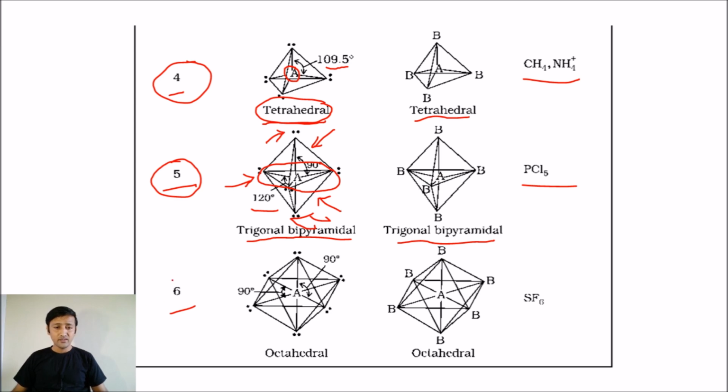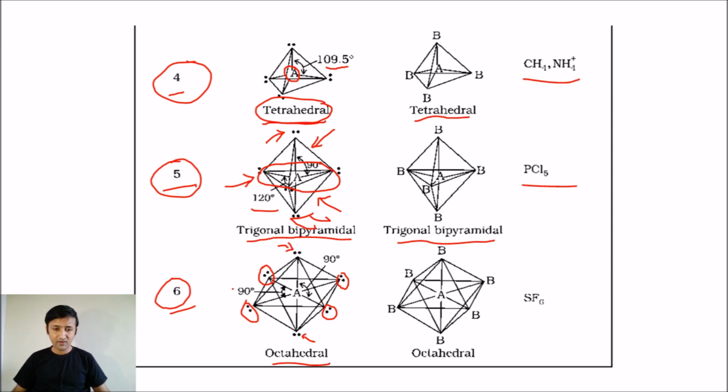Right, the last one is with 6 electron pairs. If you're having 6 electron pairs around any central atom, the arrangement of electron pairs should be octahedral. You can see here, right? Again, these 4 electron pairs are in one plane, and you can take these 2 now above the plane, and this you can take as below the plane. Here also you can expect bond angles.